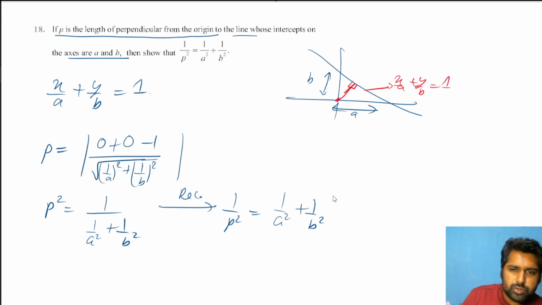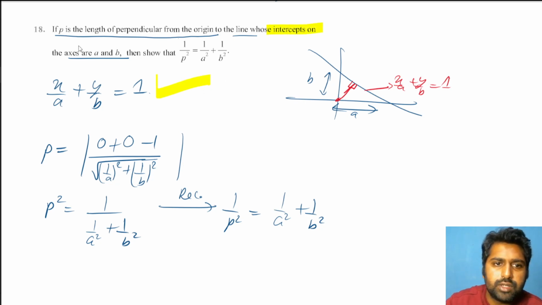Not too much to solve, but you have to know the direct format because of the intercepts, and then apply distance from the origin. Put 0 comma 0 in this standard equation, modulus divided by the square root of coefficient of x squared plus coefficient of y squared.